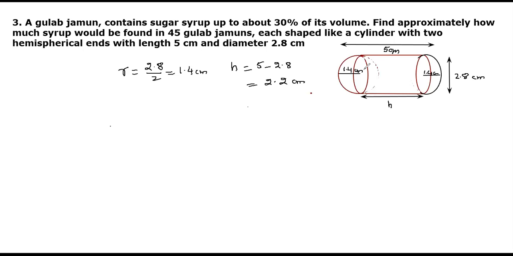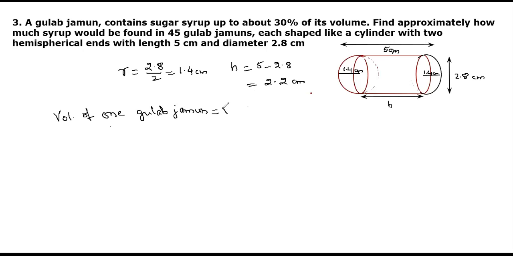Now, we have to find the volume of 45 gulab jamun. But first we will find the volume of one gulab jamun. This is made up of two types of solid figure, cylinder and hemisphere.